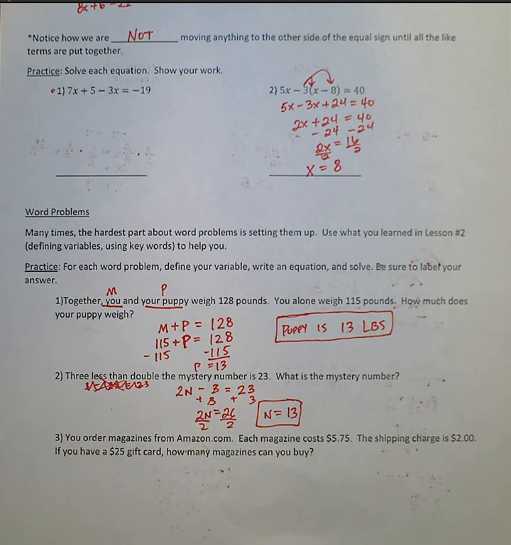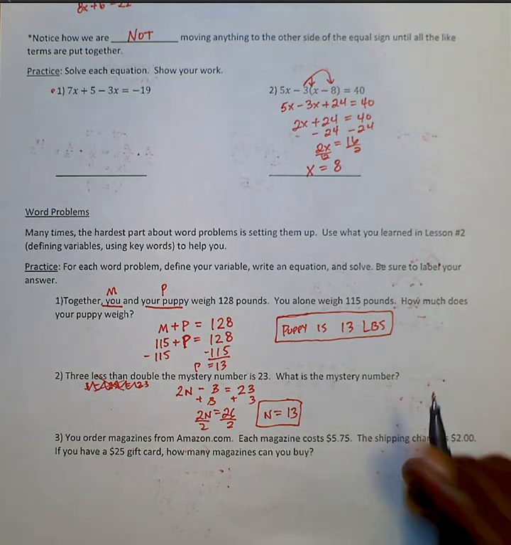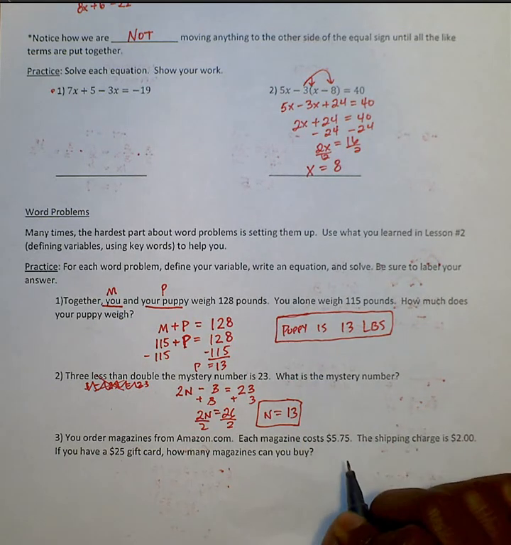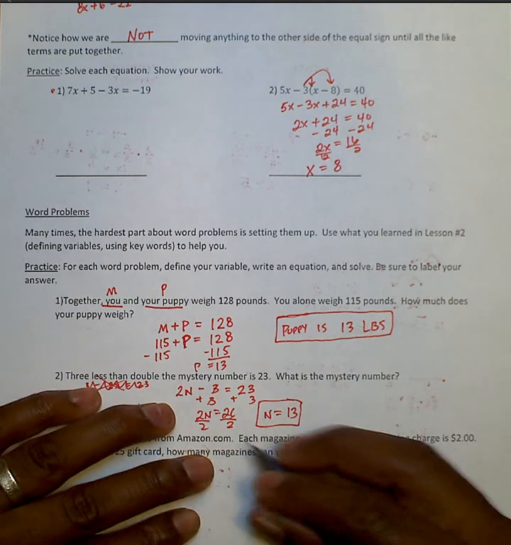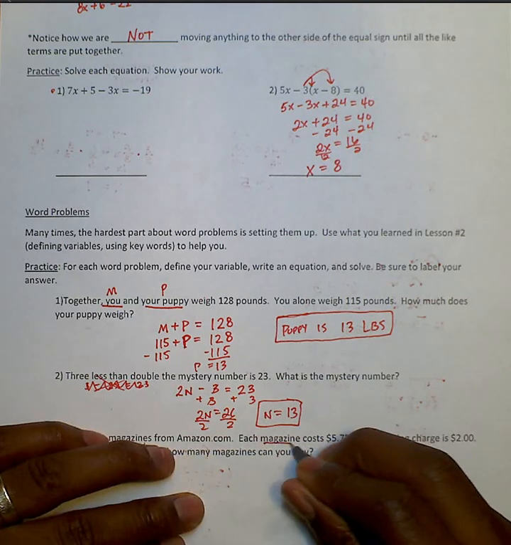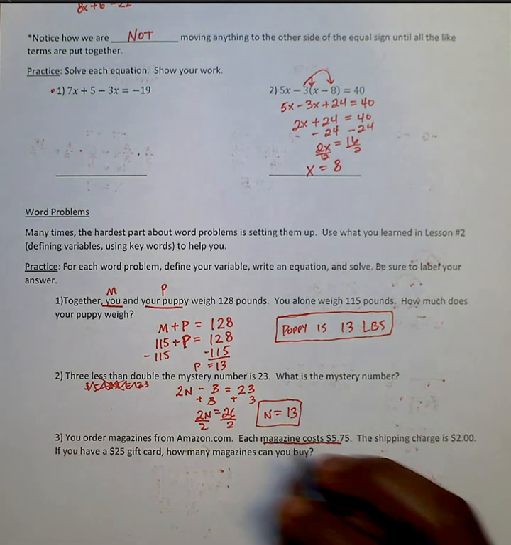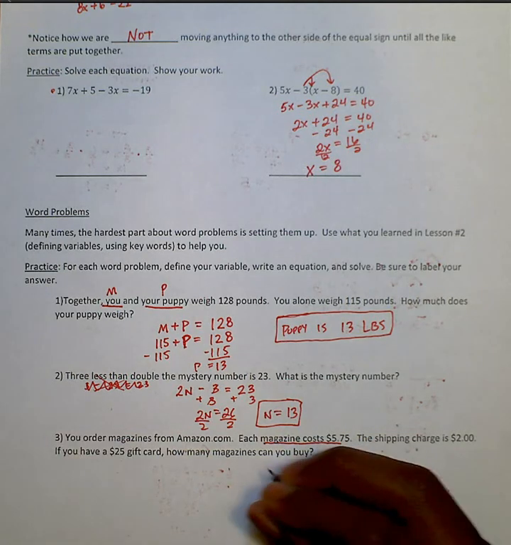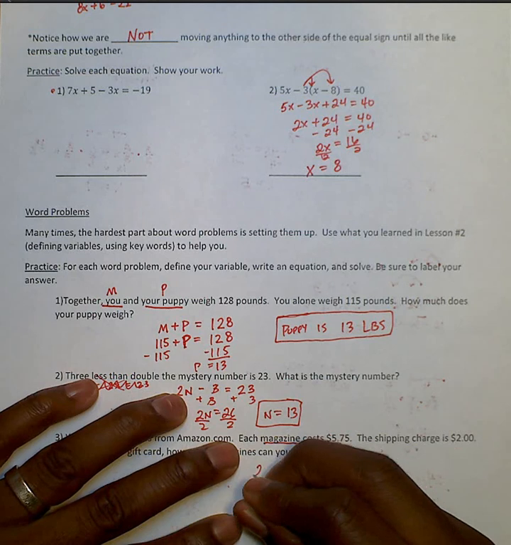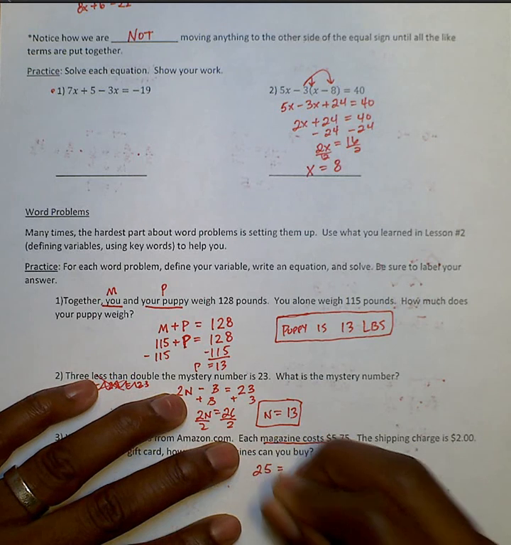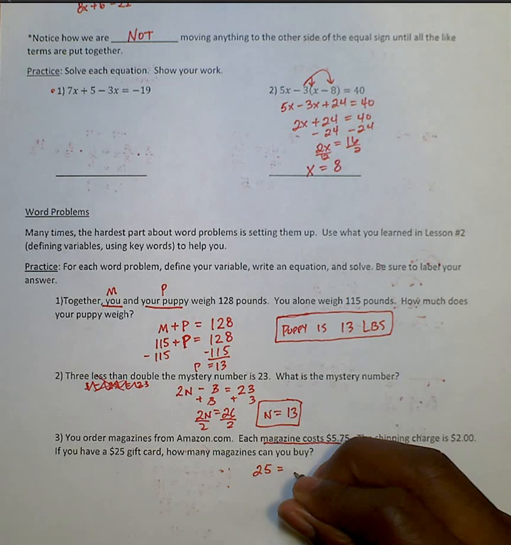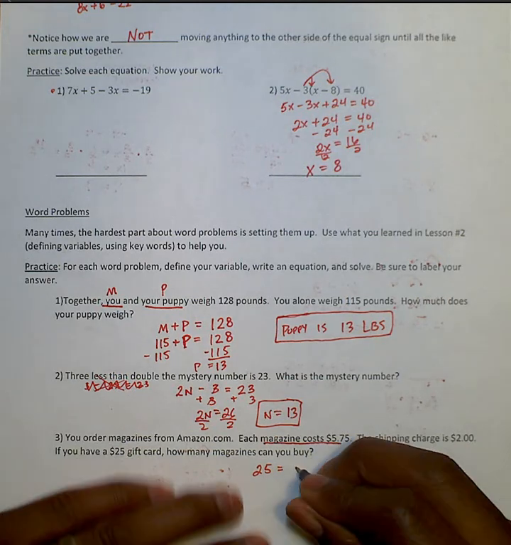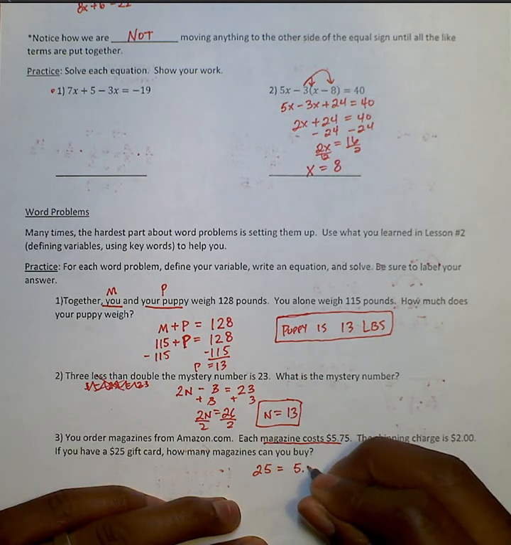So here we go. We know that magazines cost $5.75. In order to pay our money, we know we have $25. That's as much as we want to spend. Each magazine costs $5.75. So the cost of a magazine is $5.75.